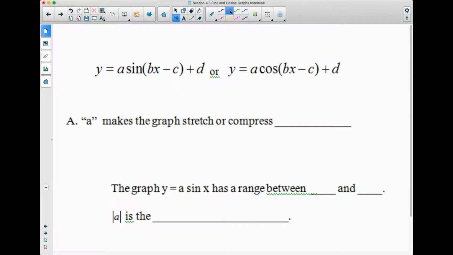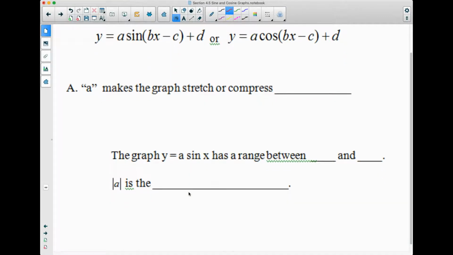All right, so if you don't write down the top part, you won't know what A, B, C, and D mean when I'm referencing them. So go ahead and make sure you write those down. So transformations are, in theory, technically the same exact transformations we've been doing this whole time.